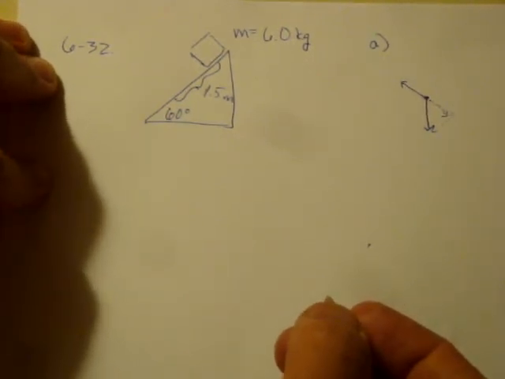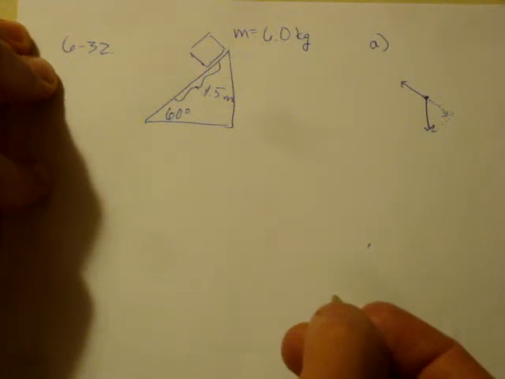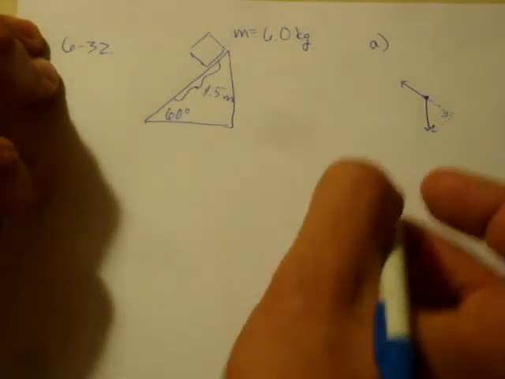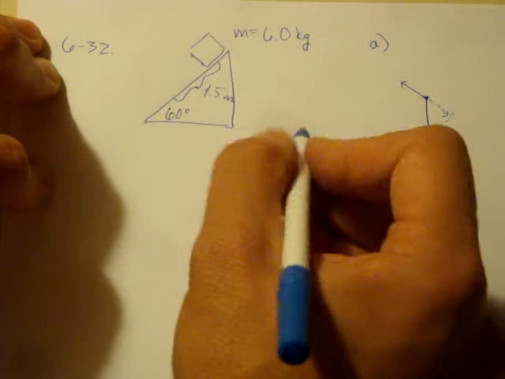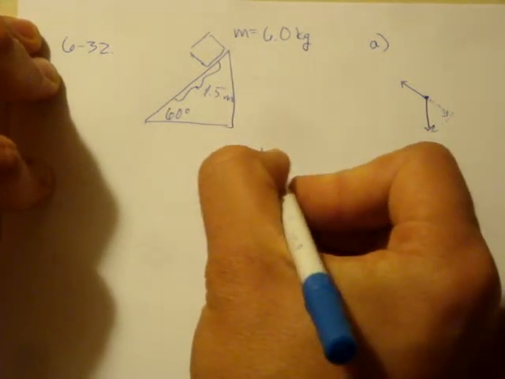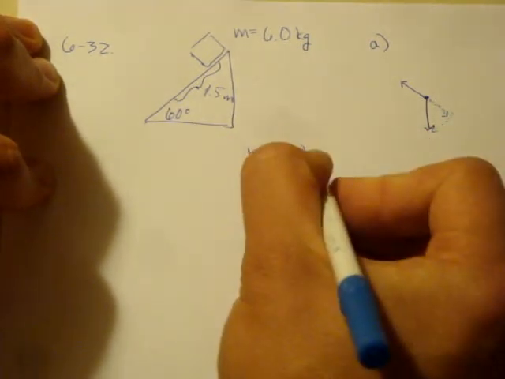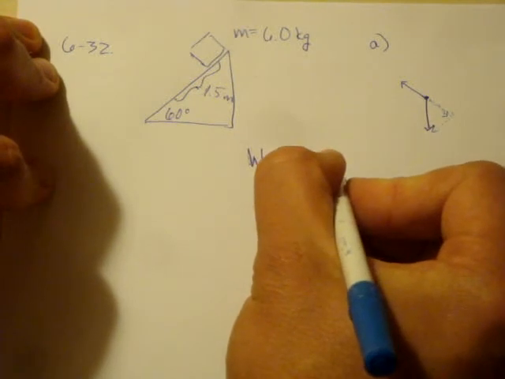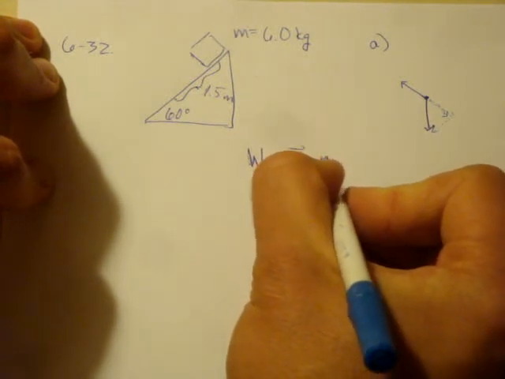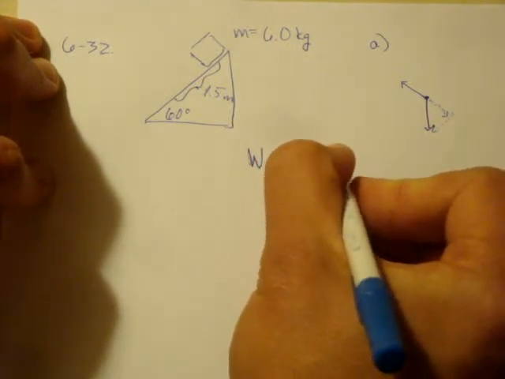And it asks us to find the work done by each force when the block slides down the ramp. All right, so the work done is equal to the scalar product of the force vector and the displacement.